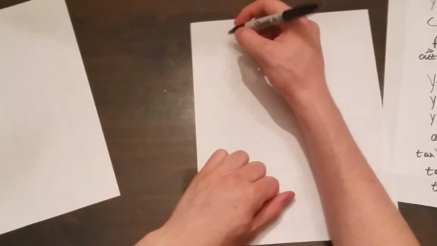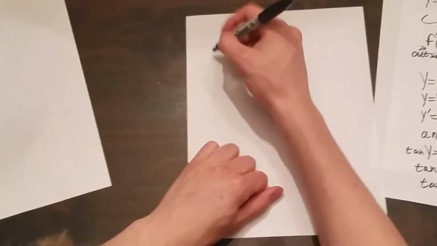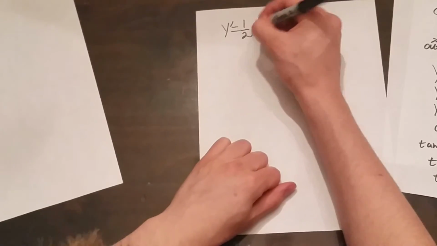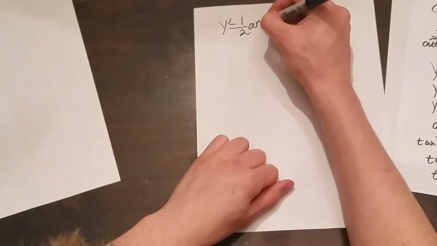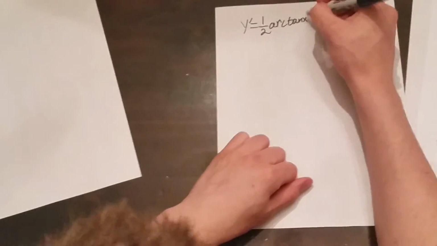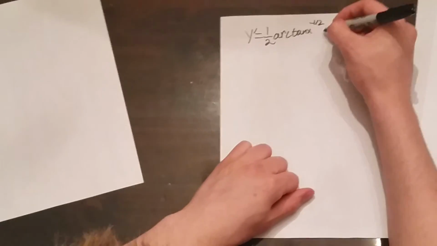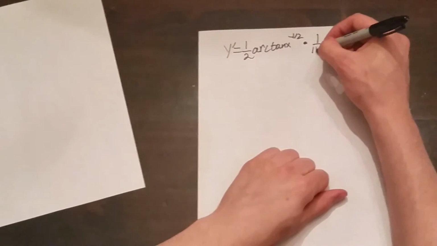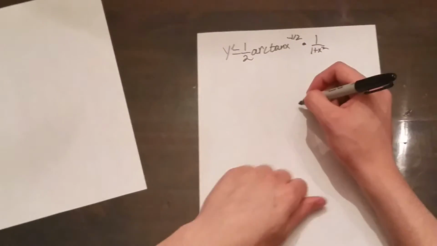Okay, now back to over here again. So what we had before was y prime equals 1/2 of arctangent x to the negative 1/2 times what we got before on this page over here, 1 over 1 plus x squared.